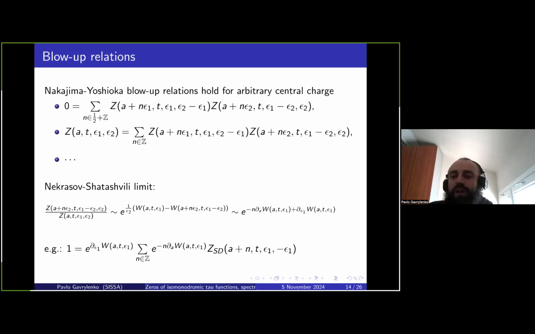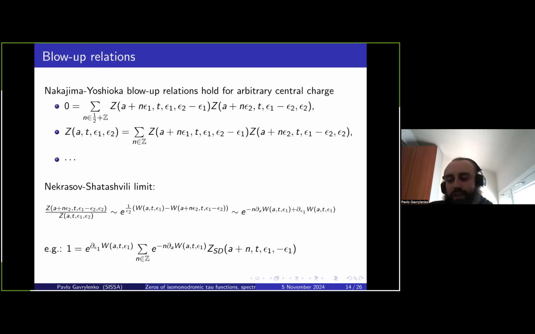One way is to say that the contribution of this blown up point can be computed explicitly as a contribution from a point and some operator inserted there.